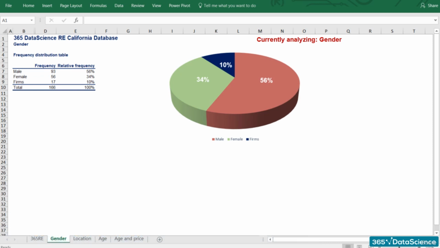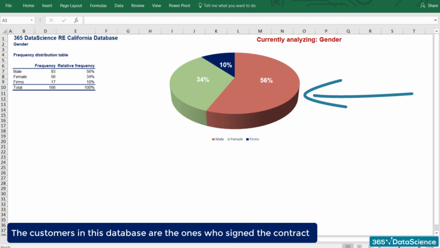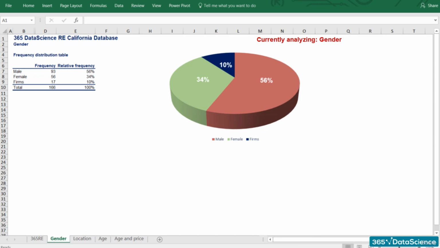Okay, we can clearly see that most clients are male. However, this information is biased, as the customers in this database are the people who signed the contract. It is very likely that a family bought the apartment, but our data shows us only the person who signed the contract. Such variables are interesting to see, but it is not a good idea to include them in the data-driven decisions we make.